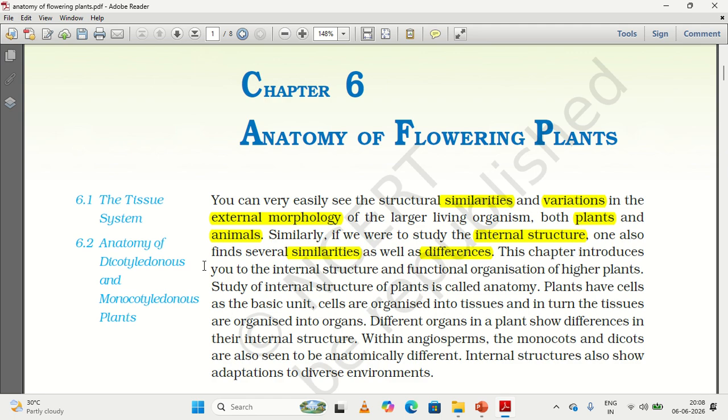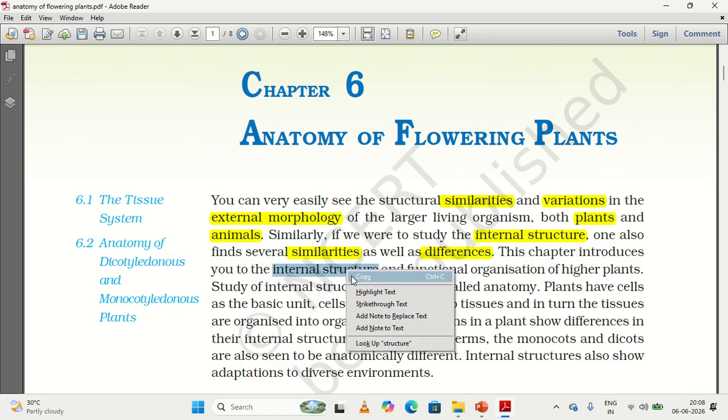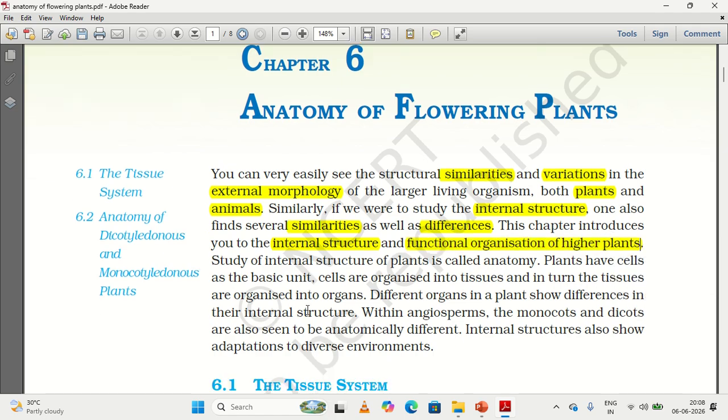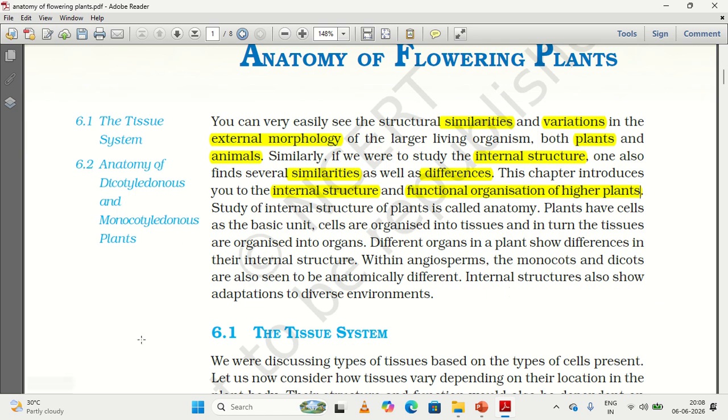This chapter introduces you to the internal structure and functional organization of higher plants. Higher plants means angiosperms. The internal structure and functional organization: how functionally the plant is organized.